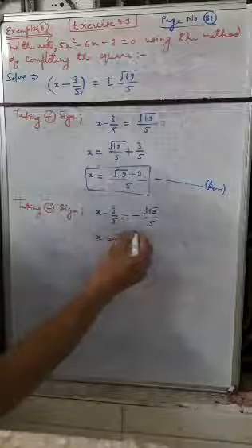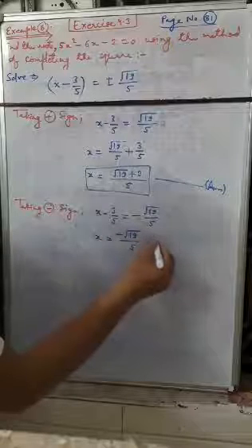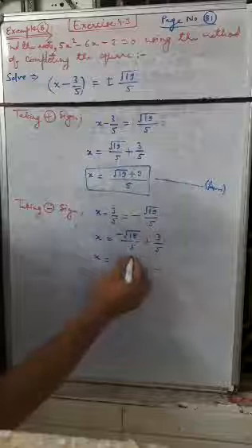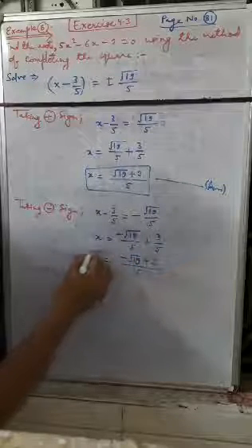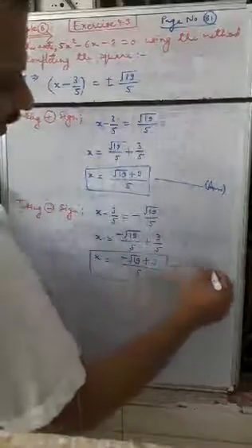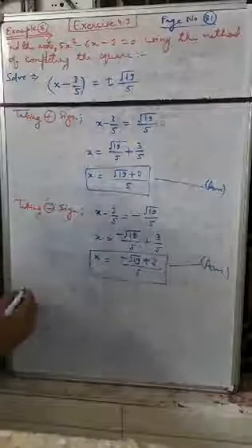So minus under root 19 by 5 plus 3 by 5. So taking LCM again, it is 5. So minus under root 19 plus 3. So it is the solution of this equation, or it is the second root, and at the end we will write down two values of x.